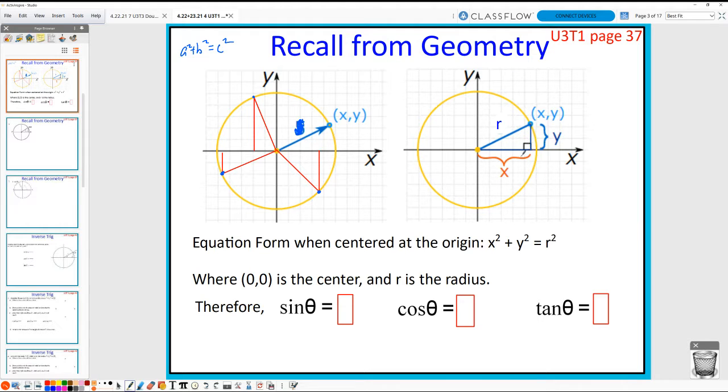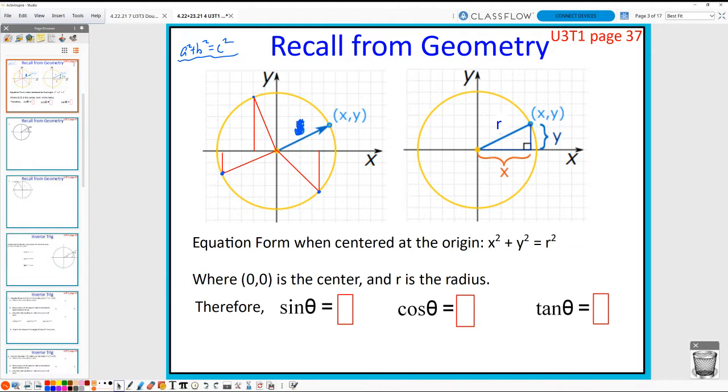So my y and my x are well defined, and because it's a right triangle, I can use my Pythagorean theorem, a squared plus b squared equals c squared. Specifically, now that I have these new variables, I can use it as x squared plus y squared. But now our hypotenuse, we also know, is the radius of the circle. And so that's x squared plus y squared equals r squared.